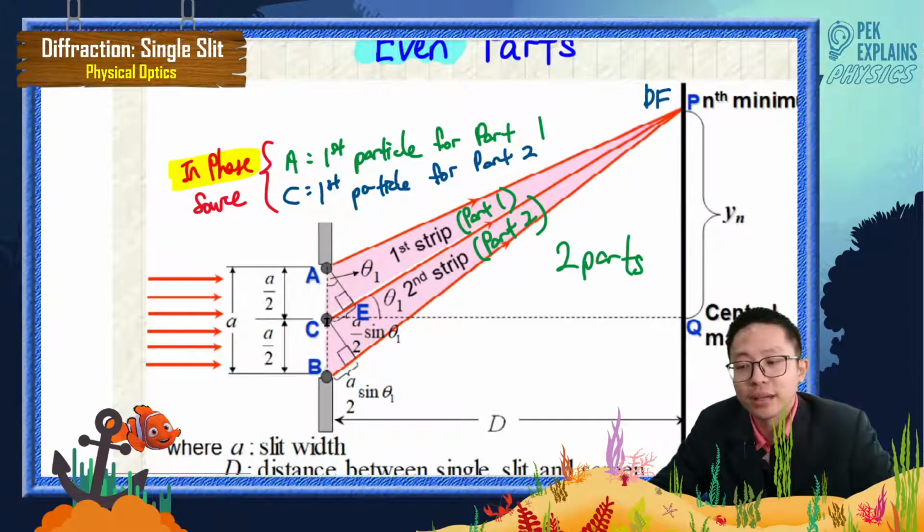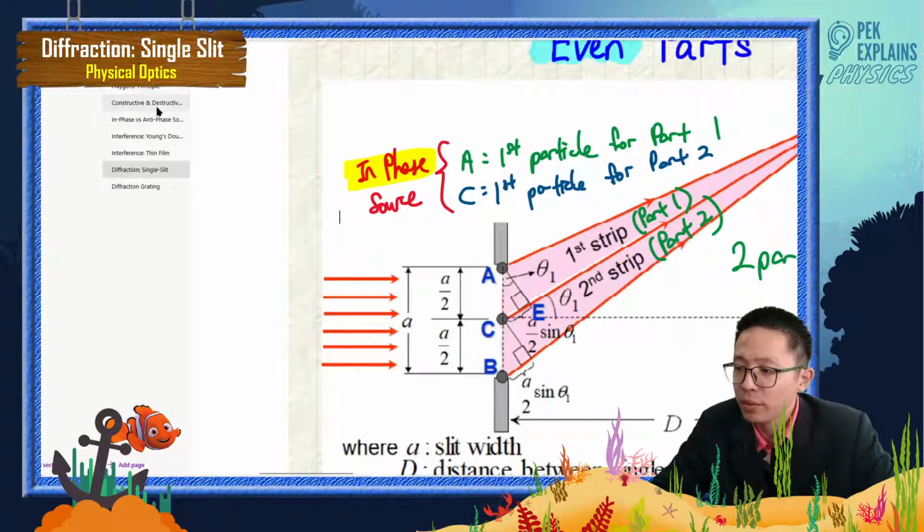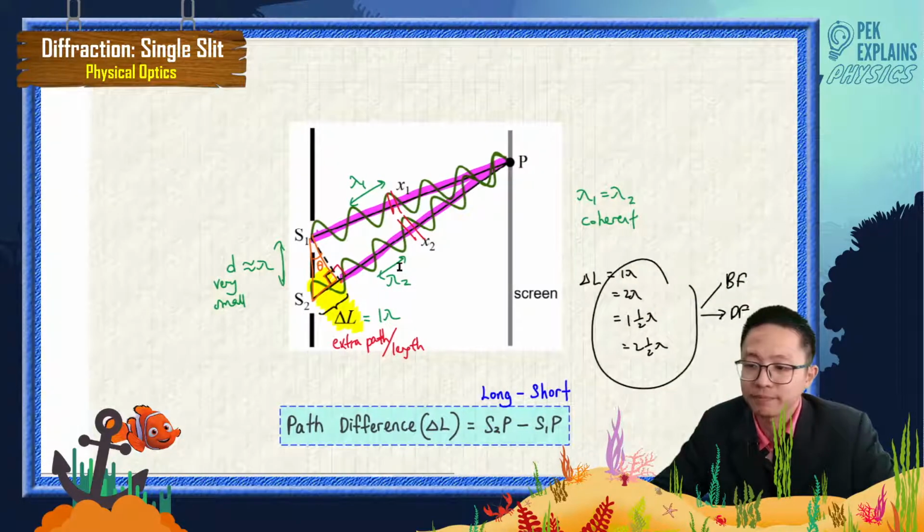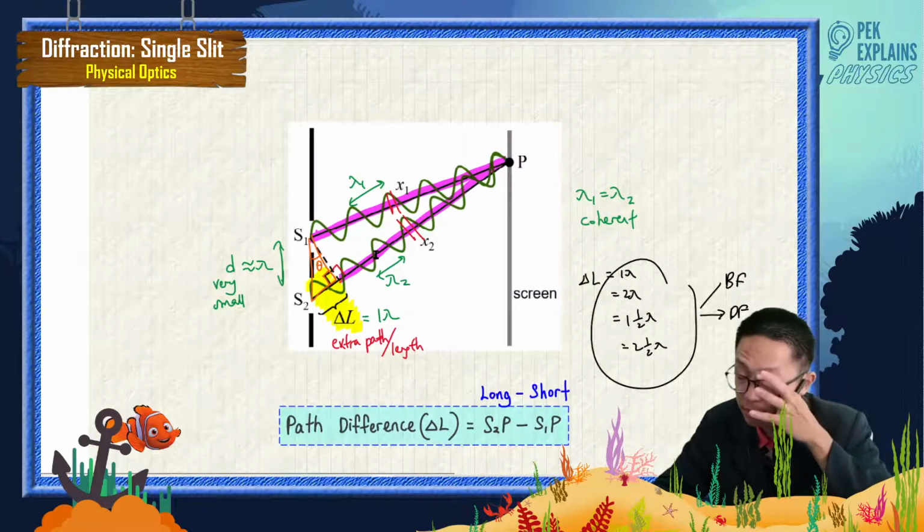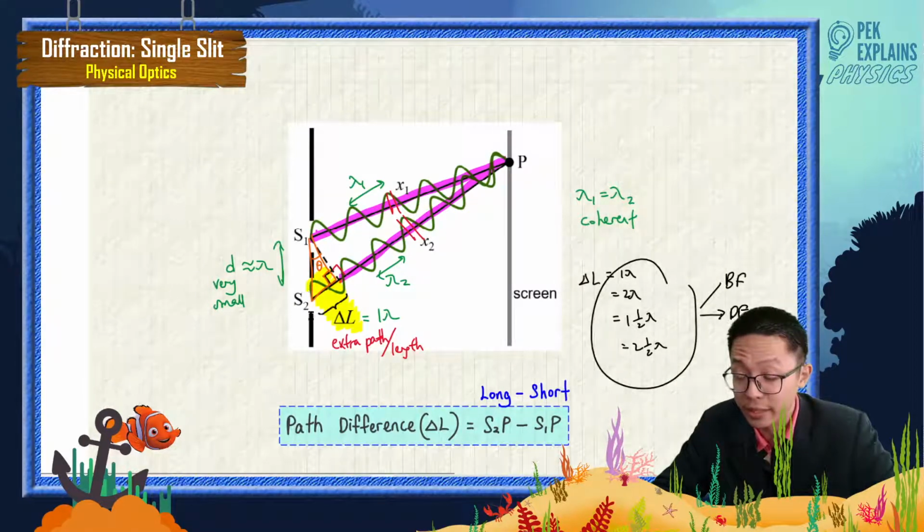You see, just now I mentioned A travels a shorter distance, C travels a longer distance, isn't it? And how to produce a dark fringe? The path difference. Do you remember what we learned about the path difference about these two slits, S1 and S2?